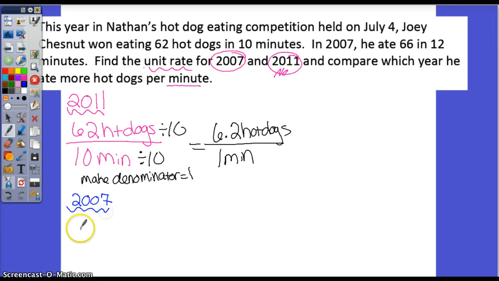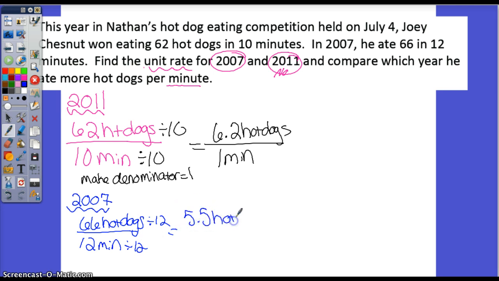Let's find out in 2007 what he did. In 2007, he had 66 hot dogs in 12 minutes. Did he improve? Let's find out. Divide both by 12. And 66 divided by 12 is going to be 5.5 hot dogs per 1 minute.